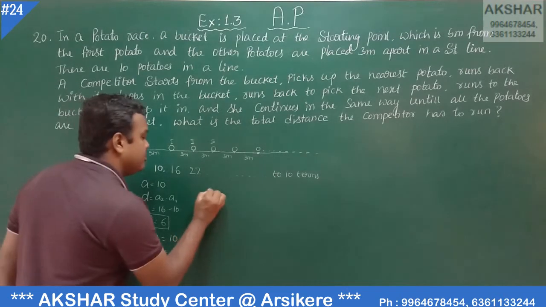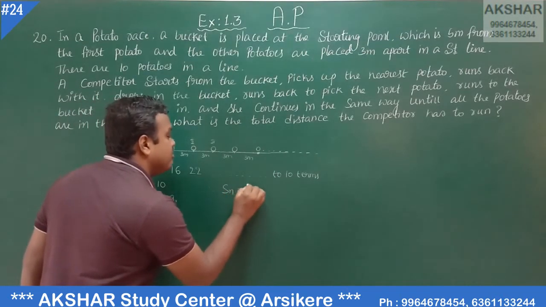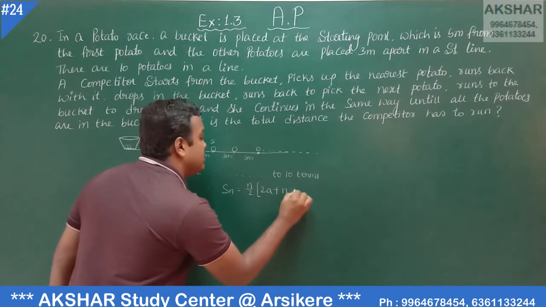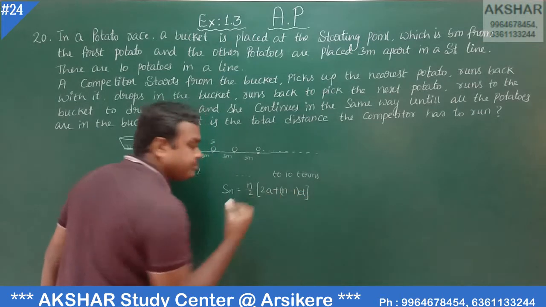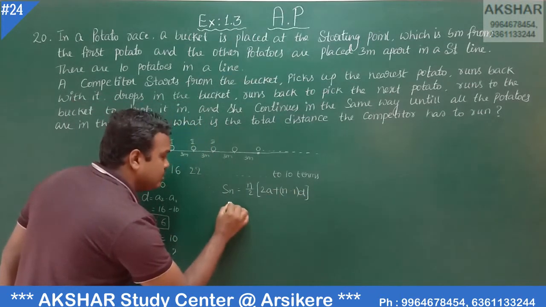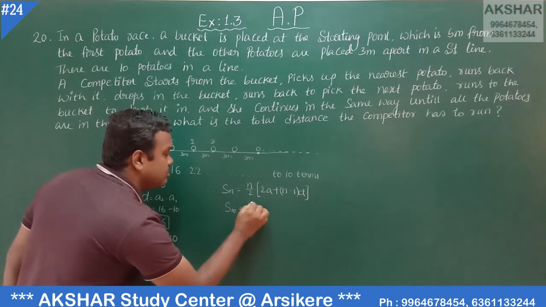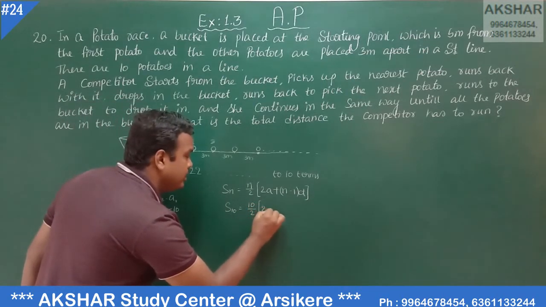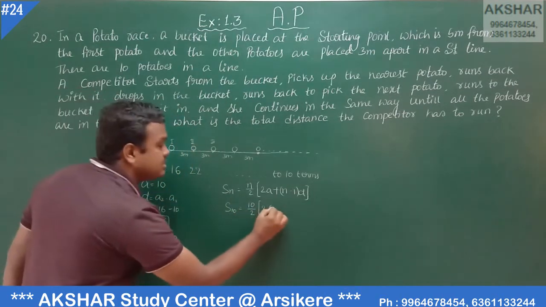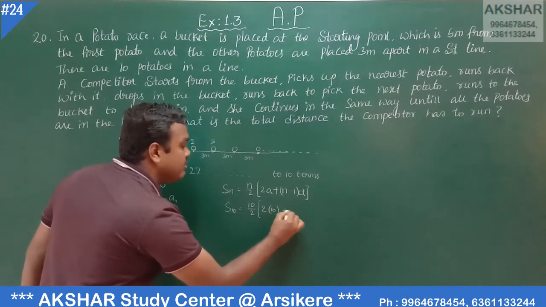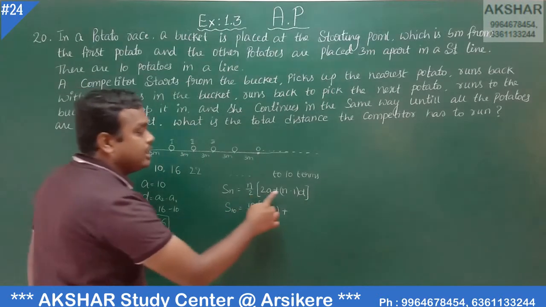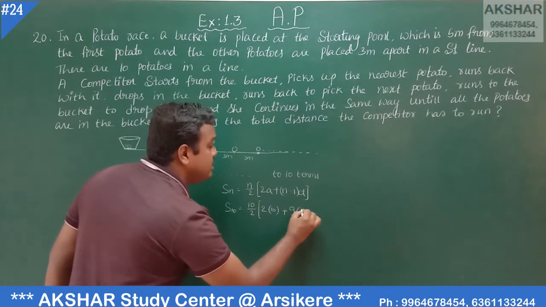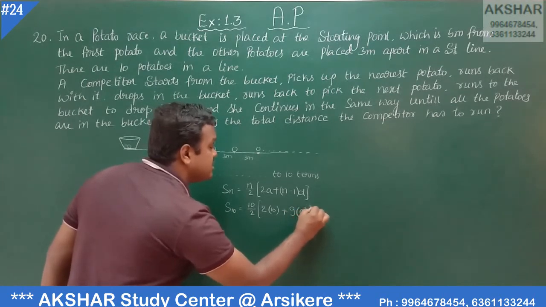Yes. Now, therefore, we can use the SN formula which is equal to N by 2 into 2A plus N minus 1 into D. Okay. Substitute the values, that is S10 which is equal to 10 divided by 2, N value is 10, into 2 into A value, first term is 10, plus N minus 1, N we already know is 10, so 10 minus 1 is 9, into D value, which is 6.